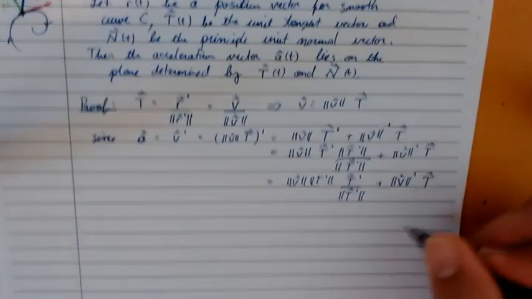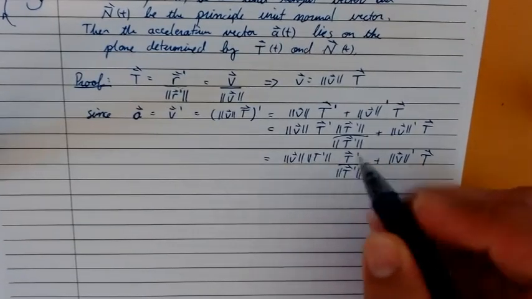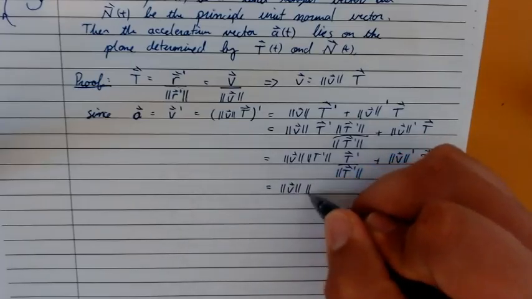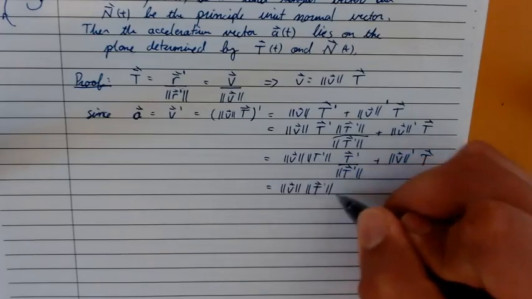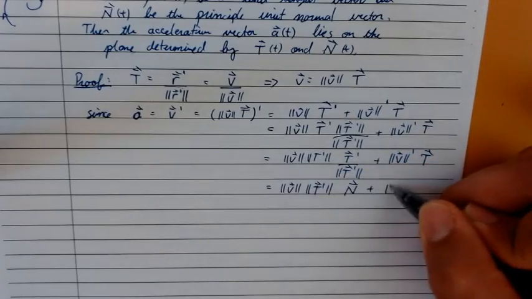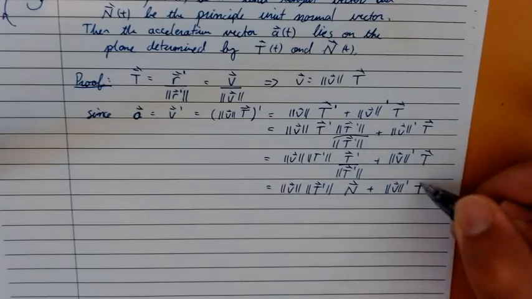So far nothing's changed here. Notice that by definition this is the principal unit normal vector. So here this is going to be the magnitude of v times the magnitude of t prime times the unit normal vector plus the derivative of the magnitude of v times t.